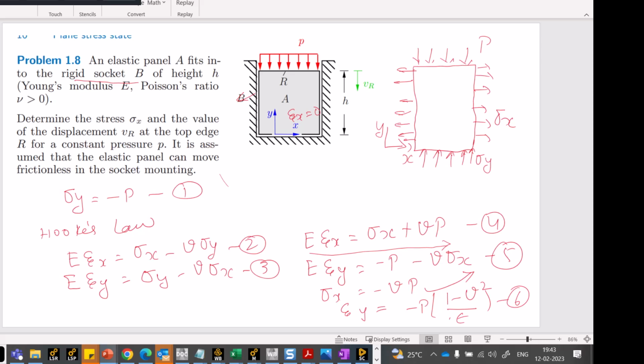Now at this point, we know that strain in the y direction is nothing but dv by dy. If I integrate it, I will get the displacement in the y direction as a function of y. Since we wanted to predict sigma x, let's write out the sigma x value first: sigma x is equal to minus Poisson's ratio times the pressure value.